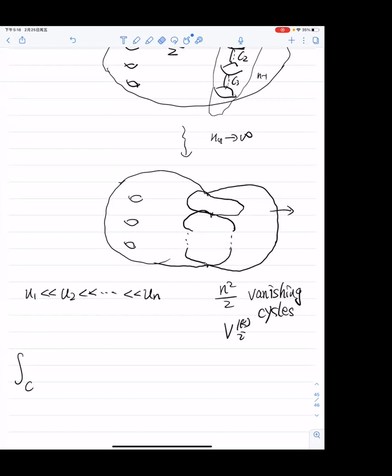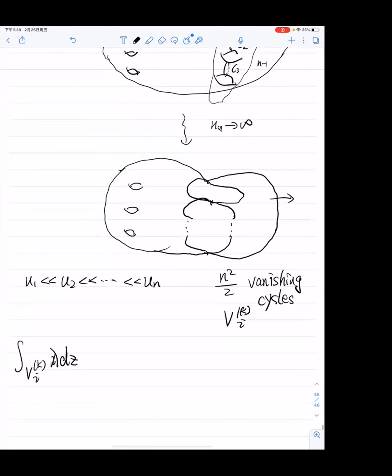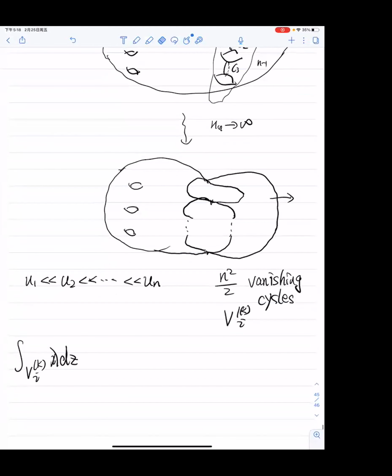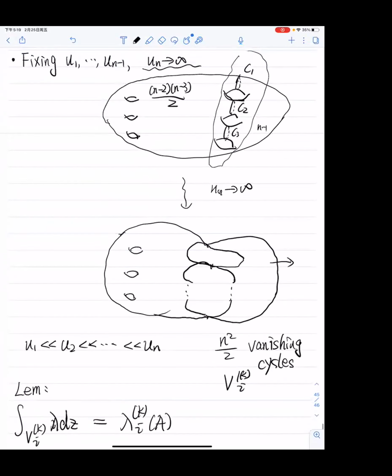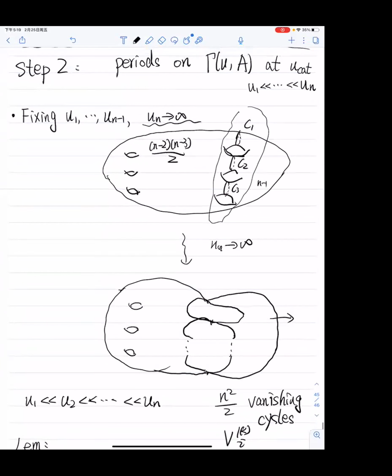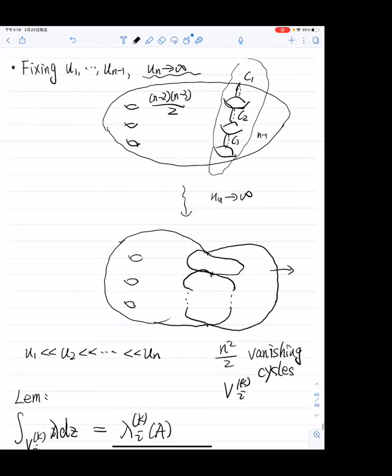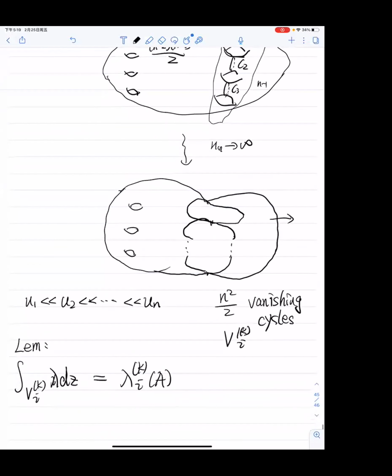And it's also easy to compute the periods of this V_{k,i}, pairing the canonical one form with this vanishing cycle. This is given by the ith eigenvalue of the k-th submatrix of A. So this is a lemma. Okay. So on this page, I explained what the spectral curve looks like in this asymptotic zone and how their periods are computed explicitly.